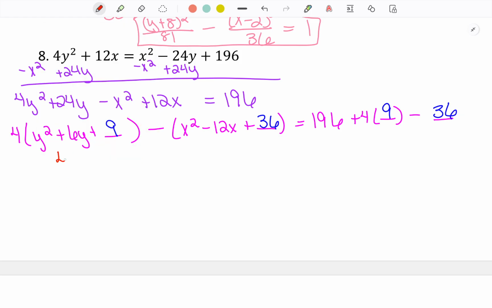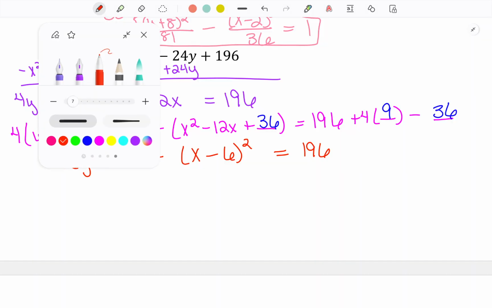So we will have 4 times y plus 3 squared over, actually we don't need to do that yet, minus x minus 6 squared equals 196. And we'll divide by the 196.